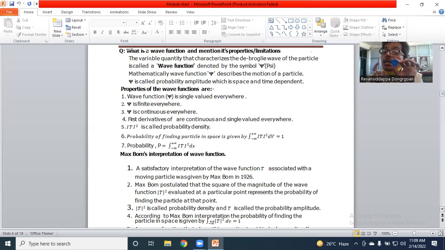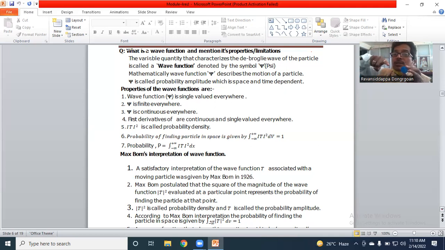Then this wave function will be continuous. For example, here the x-axis, y-axis, z-axis. Wherever you find, according to that coordinate axis, it will rotate. There is continuity. Not only the x component, y component, z component, the wave is continuous. You will take the derivatives of this. For example, dou psi by dou x means first order derivative along the x-axis.